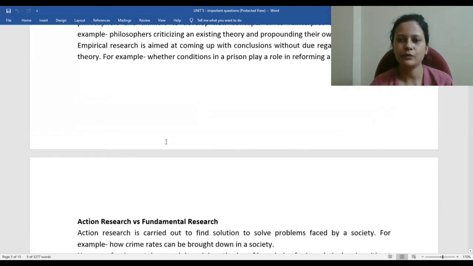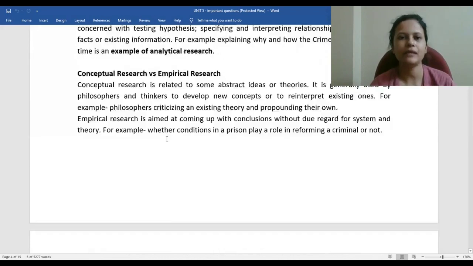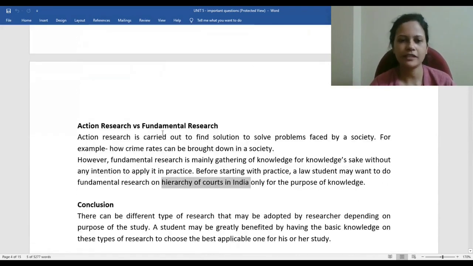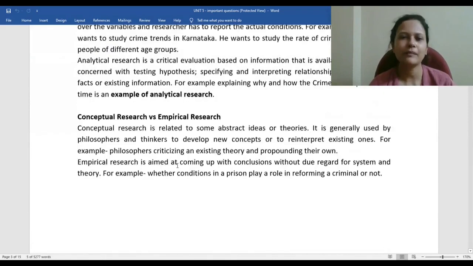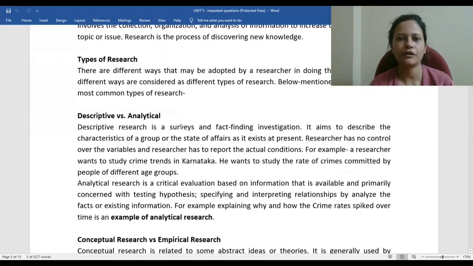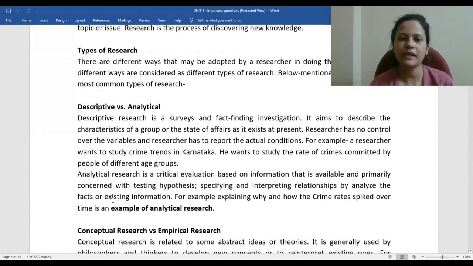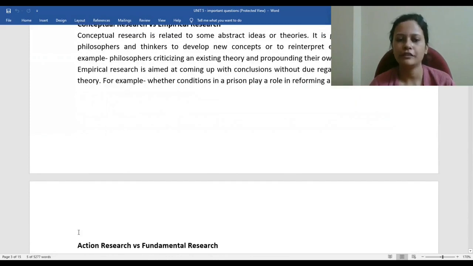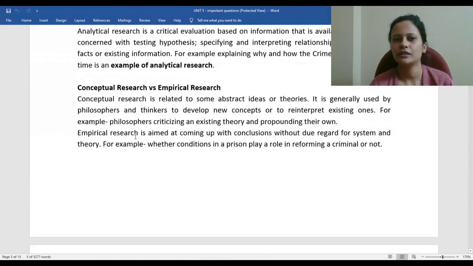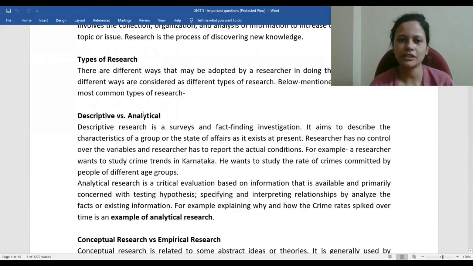Now, when you do a research, at college level, it's fine. Your research may be only fundamental research. But if you are doing PhD or LLM, for that you need to write a dissertation. There, your research may be a combination of different types. You may say my research is descriptive because I want to describe the basic things of this topic.